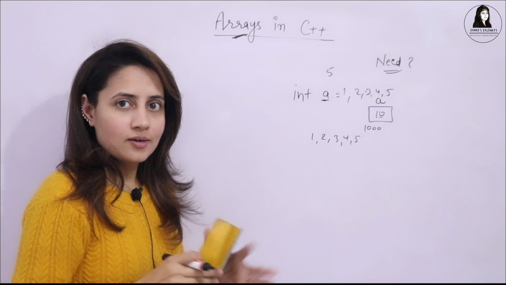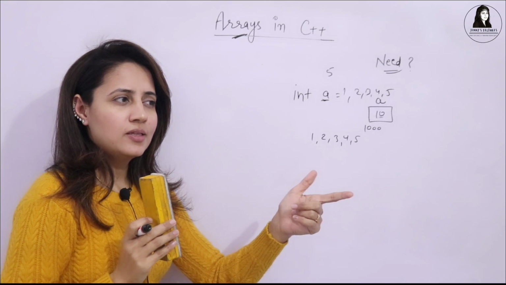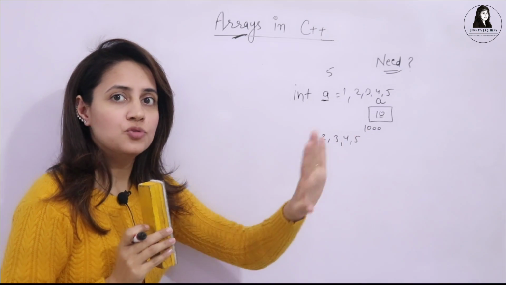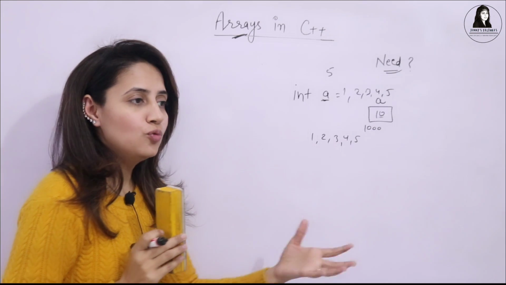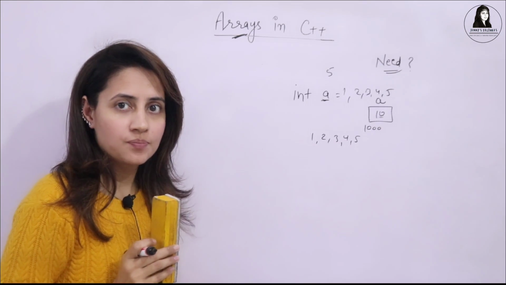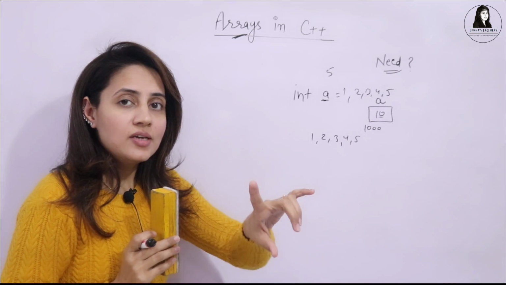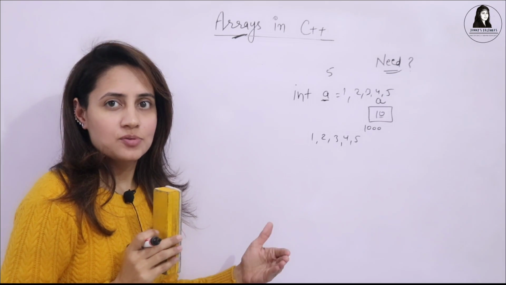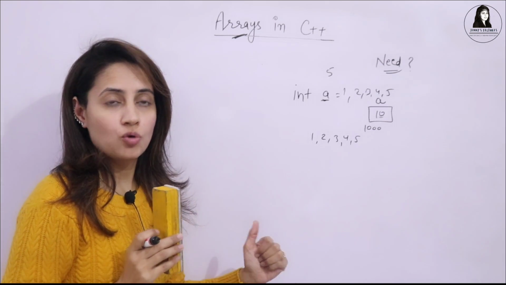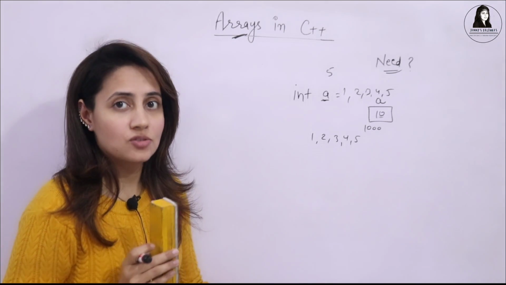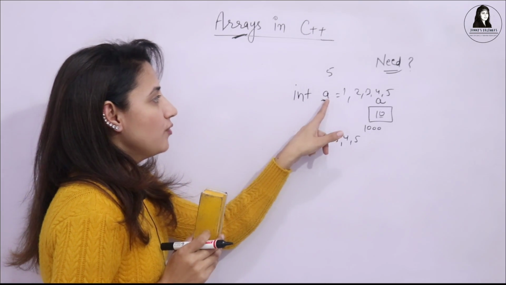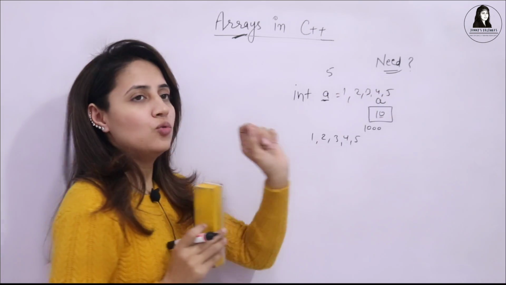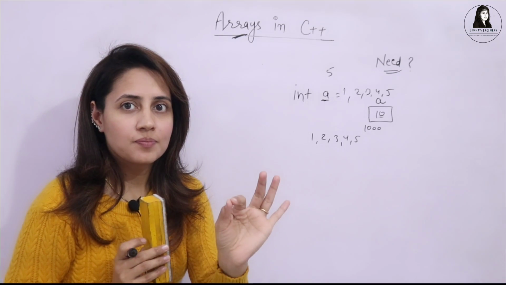When we were discussing data types, we saw that there are 3 types: built-in, derived and user defined. Built-in data types are int, float, bool, void, double. Arrays come under derived data types, or we can say compound data types, or we can also say an array is a data structure. So with the help of an array we can store more than one value under a single variable name.